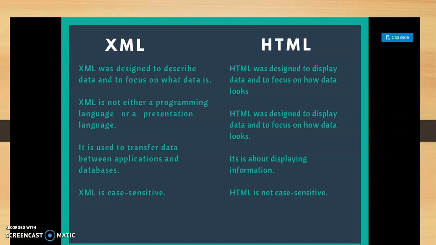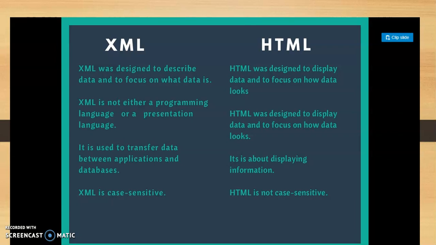So let's have a comparison between XML and HTML. XML was designed to describe the data and to focus on what the data is in your document. And coming to HTML, it was designed to display the data and to focus on how the data looks. So regarding HTML, it's all about how the data is presented.